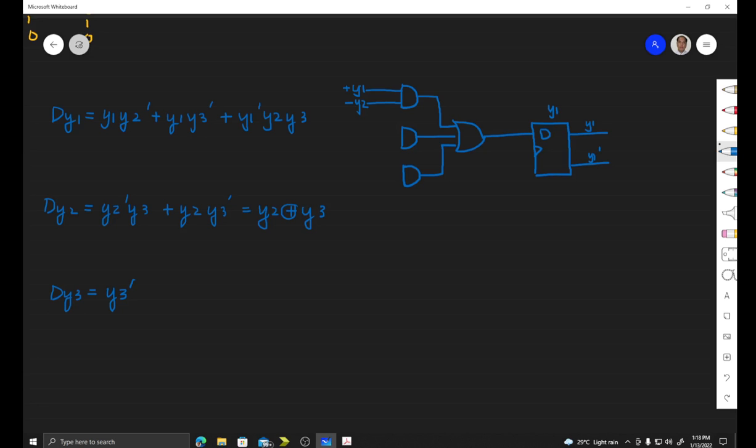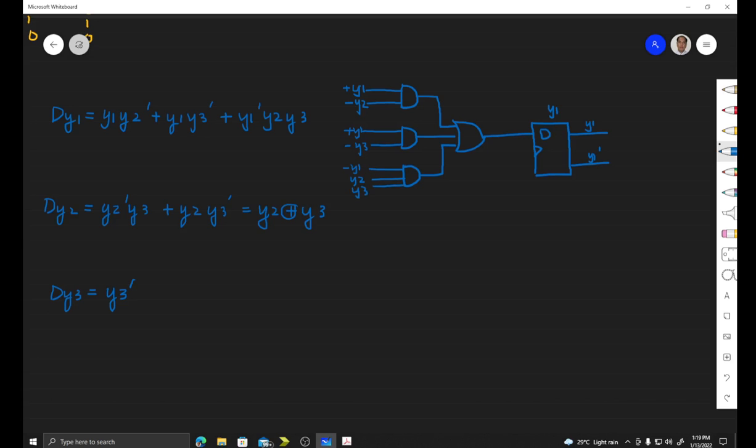So here I have plus y1, then I have here minus y3. Next I have a 3-input AND gate. So I have here minus y1, y2, and y3.